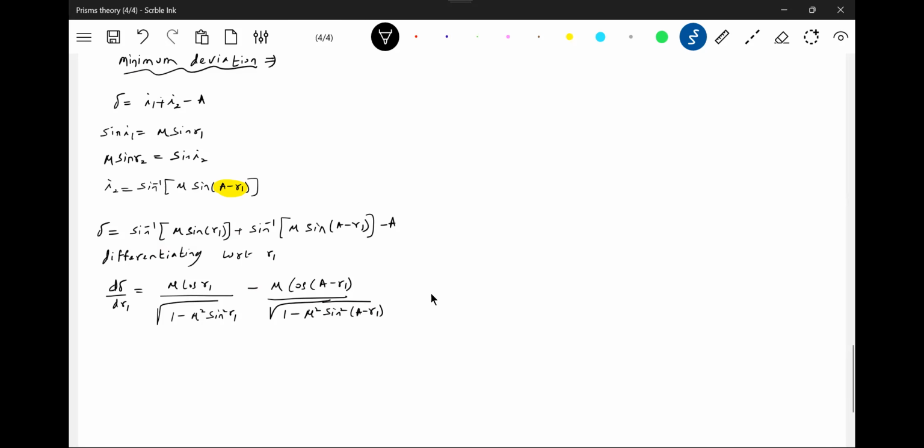Okay, for minima what is needed? The first order derivative should be 0. For minimum this should be equal to 0. So this will be 0 only when A minus R1 equals R1.